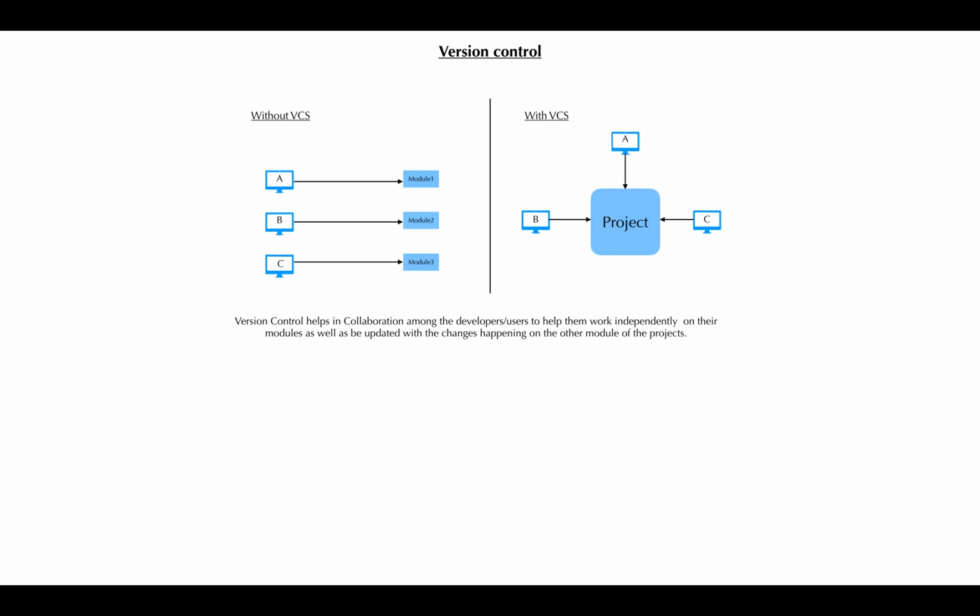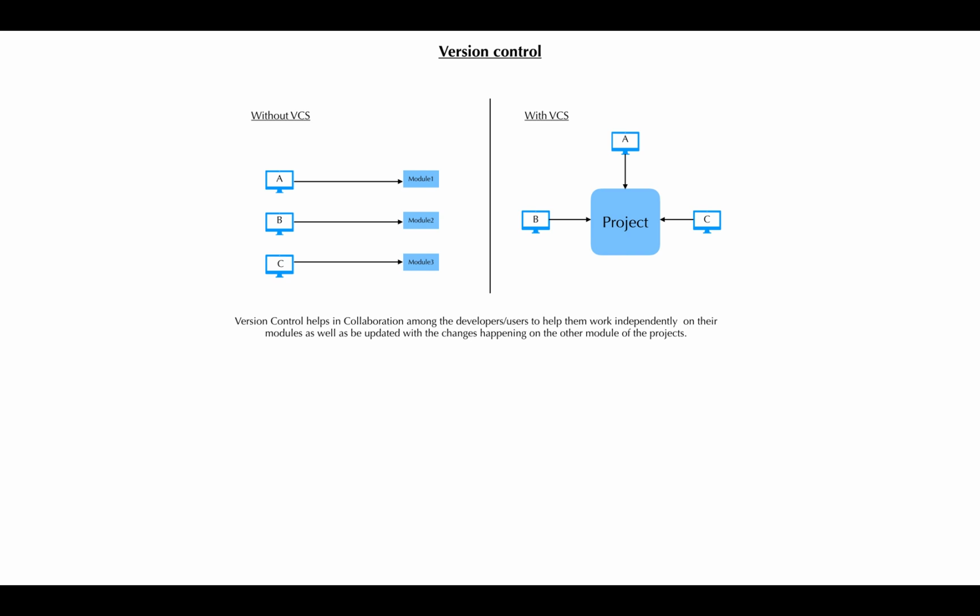So version control provides a collaborative environment. It helps developers work independently in their system with a local copy of the main source code, and at the same time they are updated with the changes happening around the project.